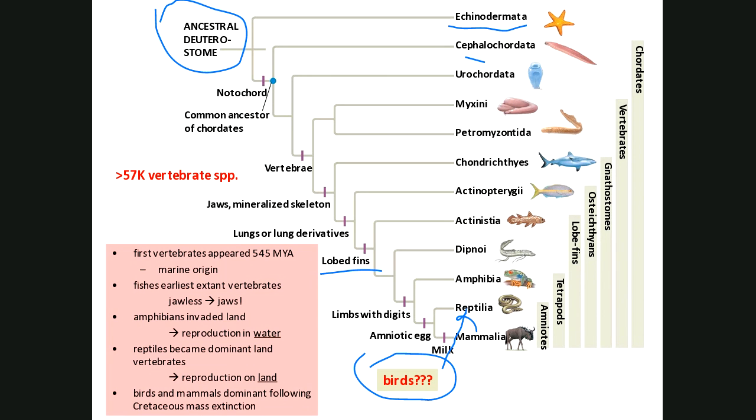They're lobe-finned. It's like if you were to put a flipper on the end of your hand. We'll talk more about those lobe-finned fish when we get into the fish, but that's a very important organism because, of course, lobed fins became limbs, and then limbs with digits.